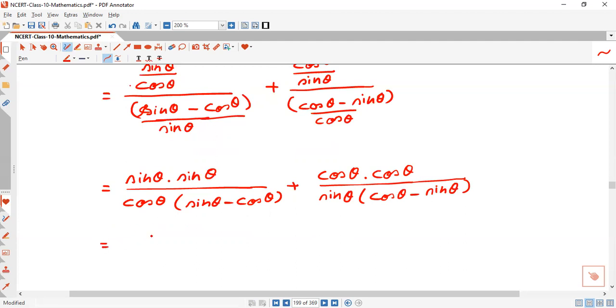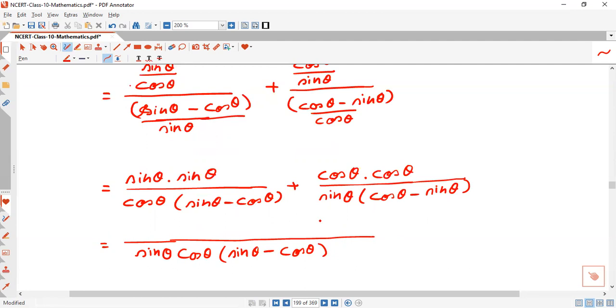Fine. Now we take the LCM. The whole LCM is sine theta cos theta, and this is sine theta minus cos theta.